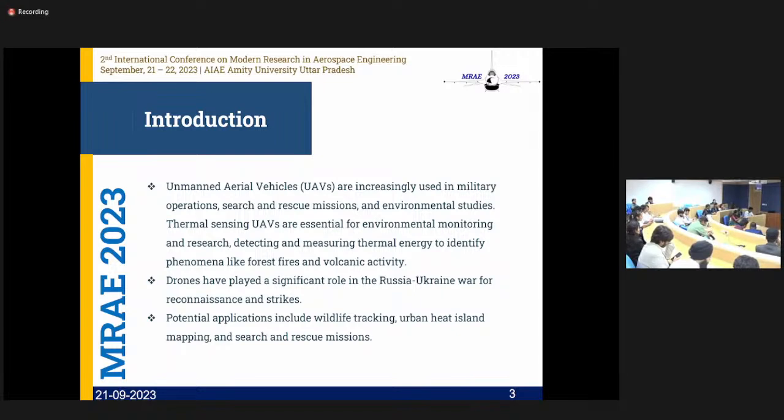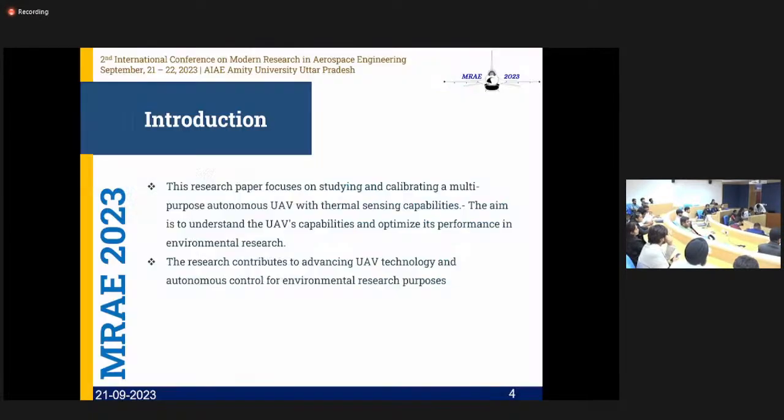Recently, we humans have been facing the issue that global warming and other global concerns are impacting our world and the environment, due to which we aren't able to track it accordingly. We are facing a delay in tracking and analyzing the data. Potential applications include wildlife tracking, urban heat island mapping, and search and rescue missions, where drones can also be used.